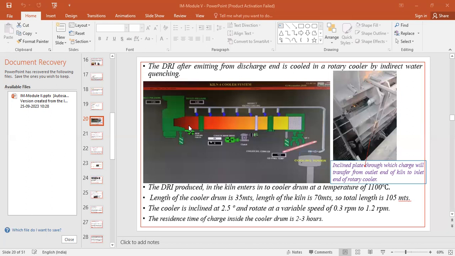The residence time of the hot DRI in this cooler is around 2 to 3 hours. From the top, we have water sprinklers, and the drum is rotating and water gets sprinkled on the drum, and that is how the heat extraction takes place in an indirect way from the hot DRI.